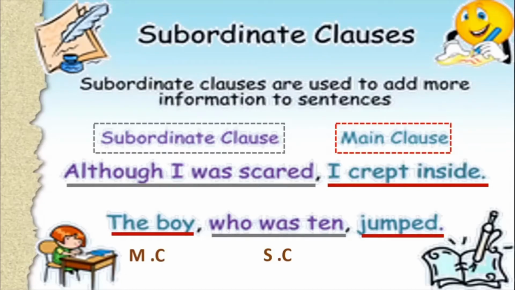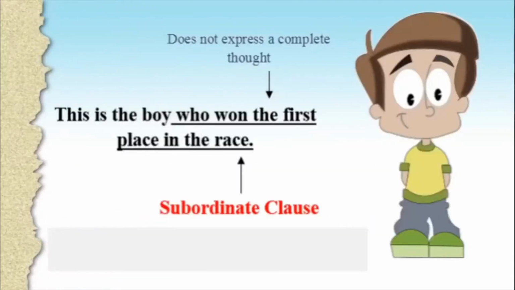Now let's move on and let us see one more example. So see, the boy who won the first place in the race. So this is the boy. So this is the main clause. This is the boy. Who's the boy? The boy that you can see standing here in the picture is the boy. So what information do you want to give about the boy?